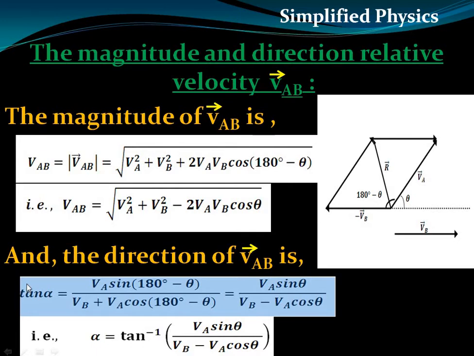So alpha equals tan inverse of v_A sin theta over v_B minus v_A cos theta. In this way we can find the magnitude and direction of the relative velocity v_AB, and for this relation I suggest you see the previous lecture on vectors.